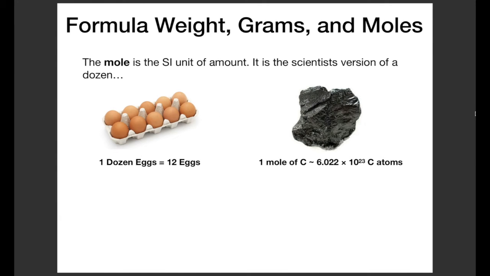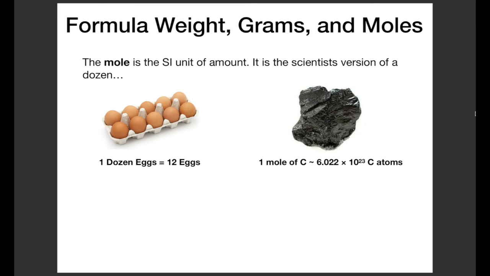As stated in one of the first videos of this series, the SI unit for amount is the mole. You can think of it as the scientist's version of 1 dozen. 1 dozen equals 12, so a dozen eggs equals 12 eggs. 1 mole is approximately equal to 6.022 times 10 to the 23.